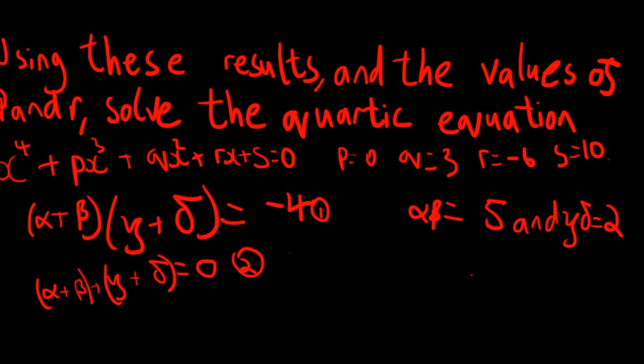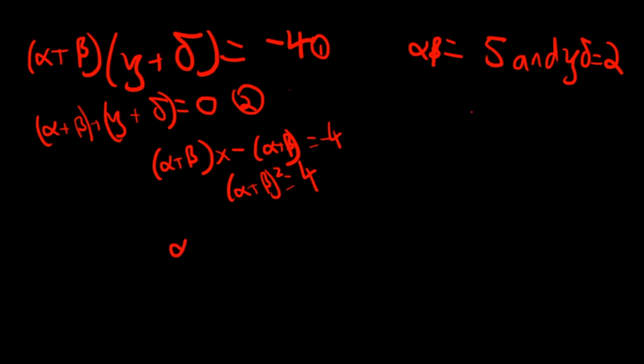If I substitute gamma plus delta into this equation here, I will get alpha plus beta times minus alpha plus beta is equal to minus 4. So alpha plus beta squared is equal to 4.